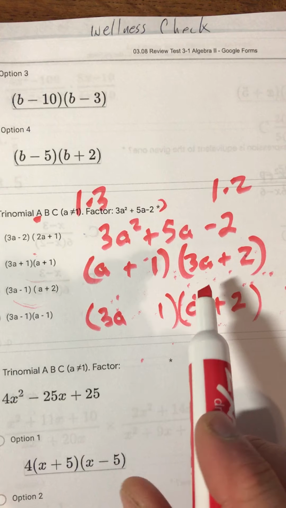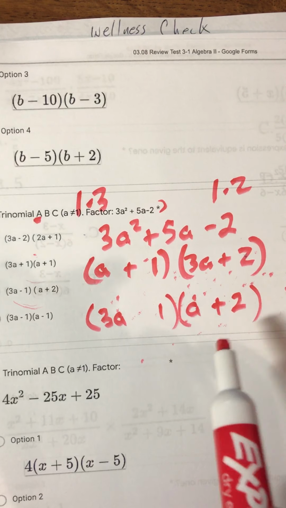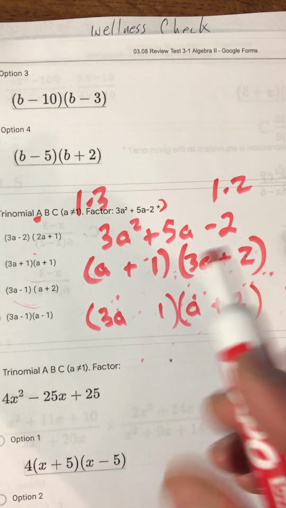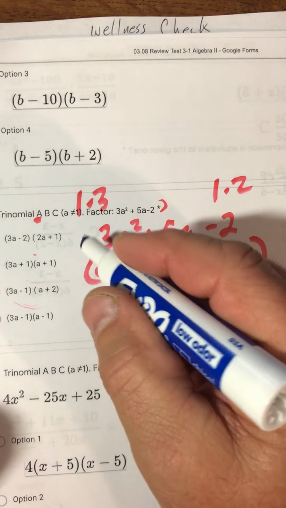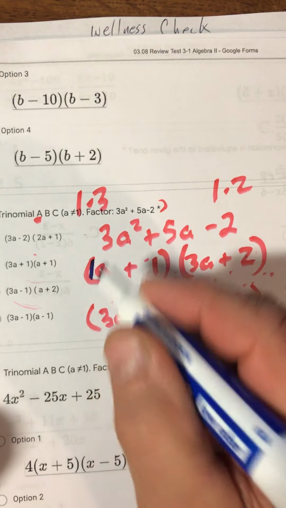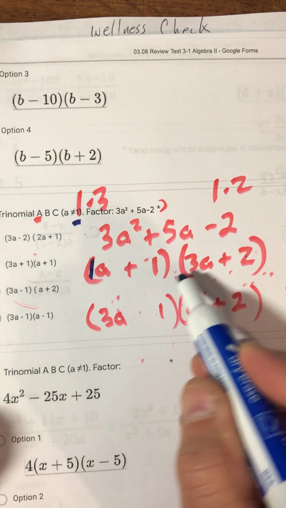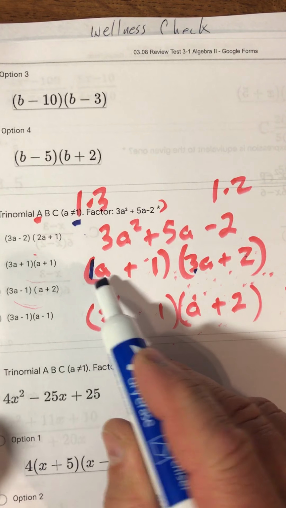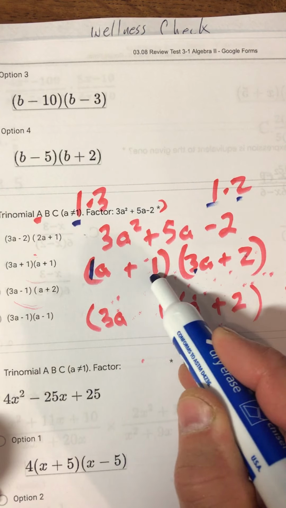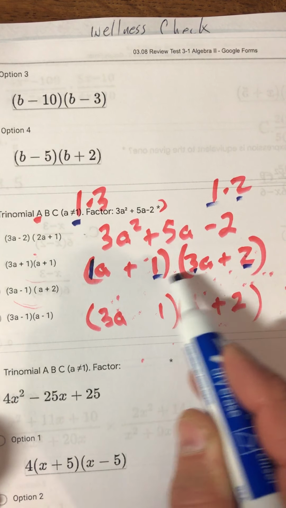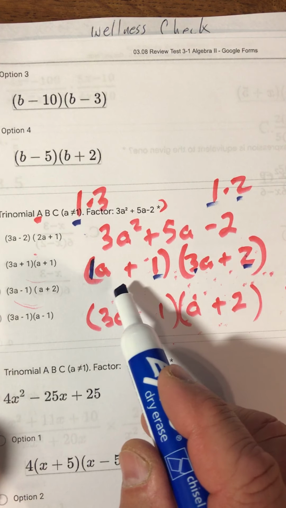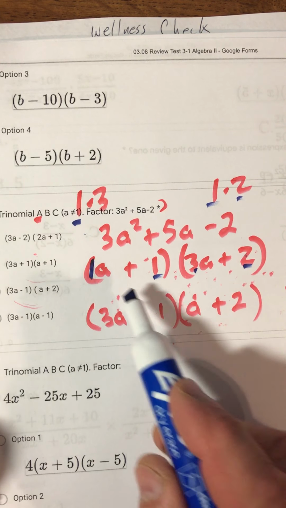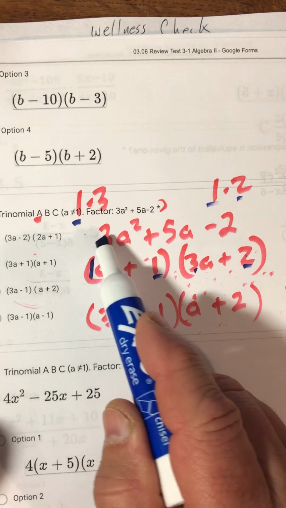Now, notice what happens. Let me go ahead and put in the coefficient here. That's a 1, this 1 here. So you put your 1 and your 3, and then you put this 1 and 2 here and here. Now, when you can't get that to work out, you have to start manipulating those factors.